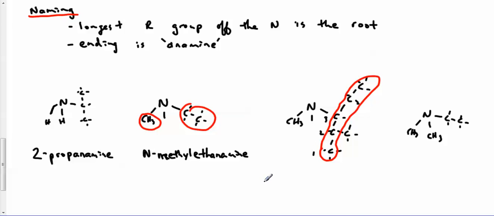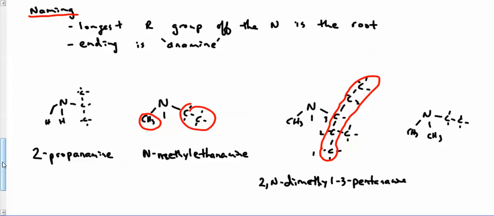So this is going to be 2, comma, N dash dimethyl. Just to recap that, I've got methyl groups attached to carbon number 2 and the N. 2,N-dimethyl-3-pentanamine.